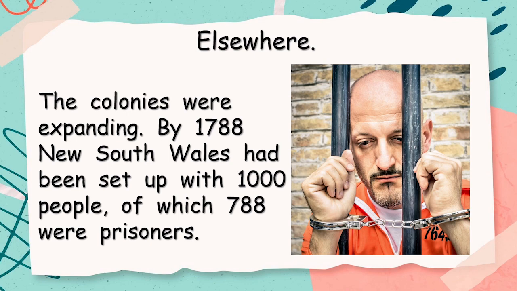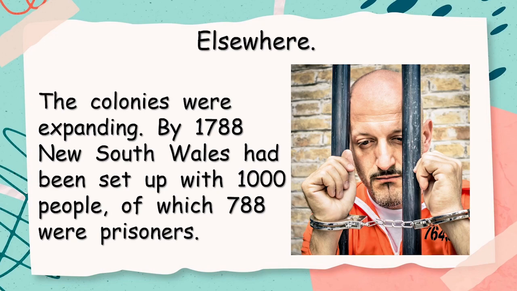New South Wales is the large area around what is now Sydney. But this is quite quick, just 20 years. And we had a large colony. But we had mostly prisoners, but not all prisoners.